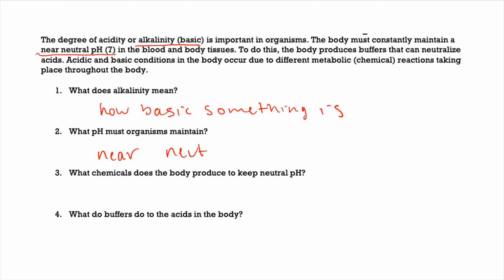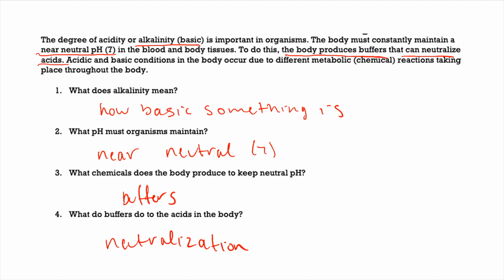We're going to talk about what these numbers and what neutral means, but neutral is a pH of 7. What chemicals does the body produce to maintain this neutral pH? If you keep reading, it says the body produces buffers. So, easy one, buffers. And then, what do buffers do to acids in the body? It's talking about how they can neutralize them. We're going to talk about how neutralization works later on, but that's just making an acid neutral.